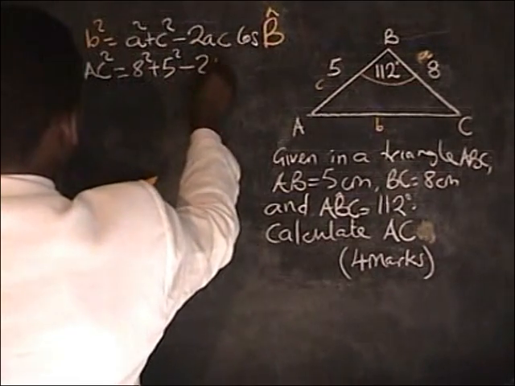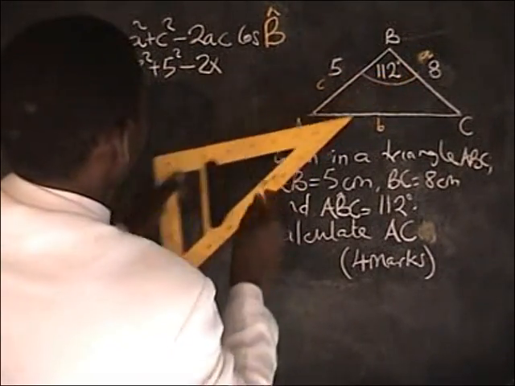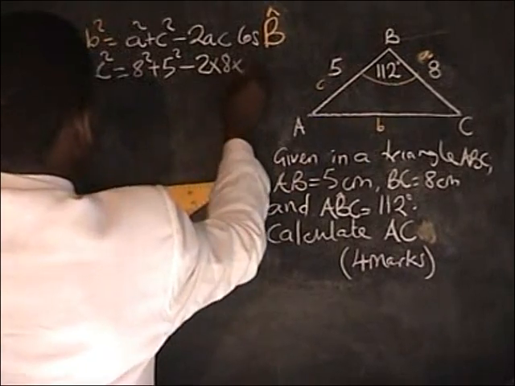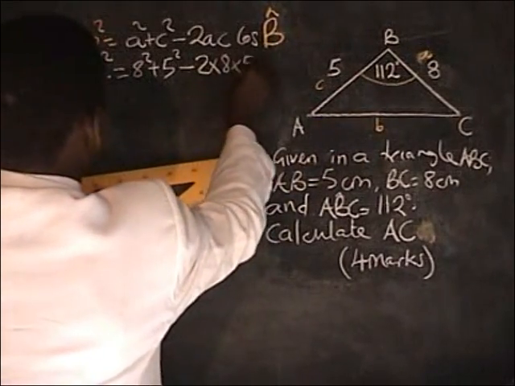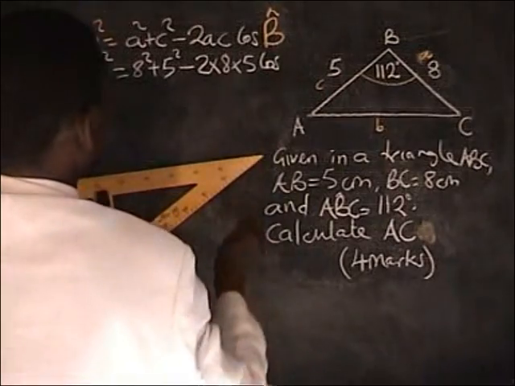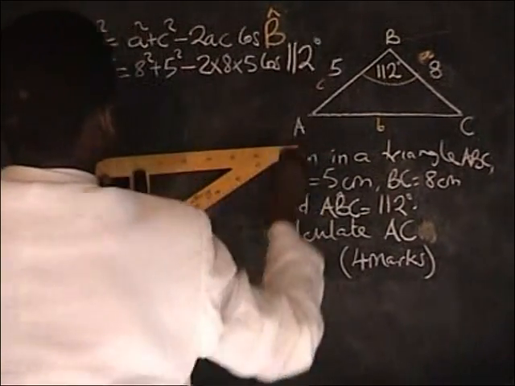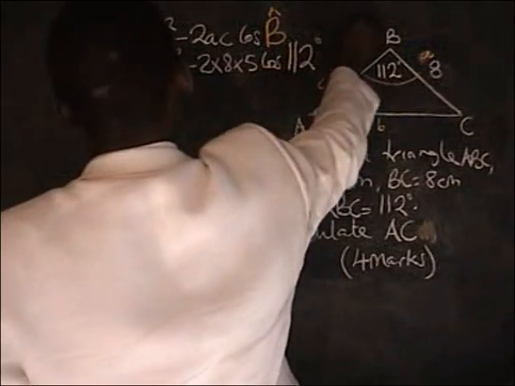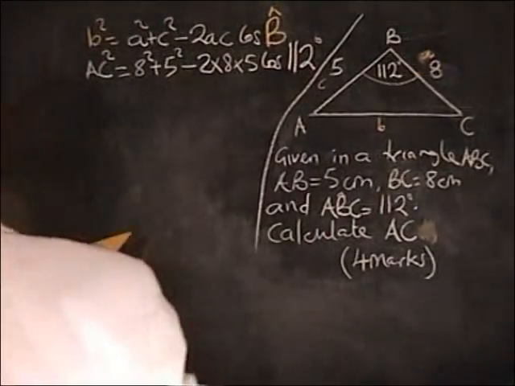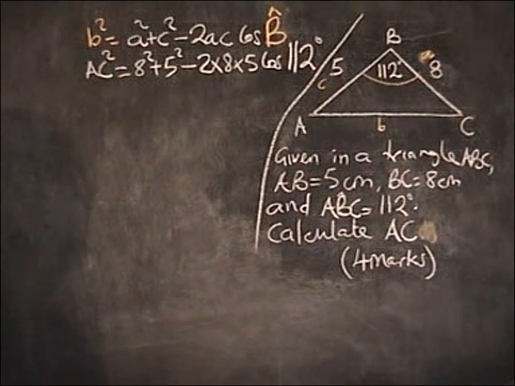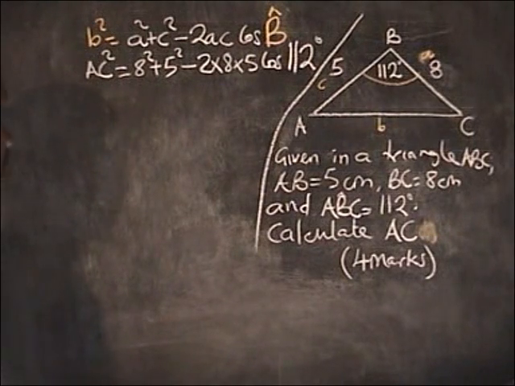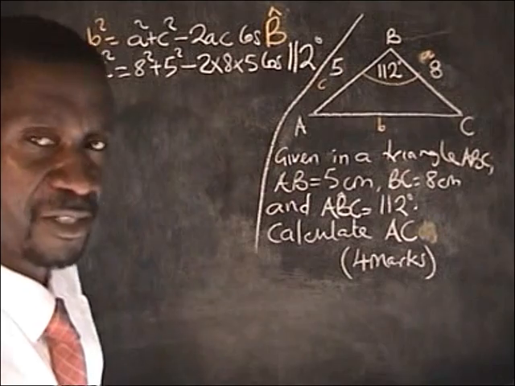So I enter 2 multiplied by a, which is 8, multiplied by c, which is 5. And this is followed by cosine, the angle, which is 112 degrees. Let me make a demarcation there in order not to confuse the details.